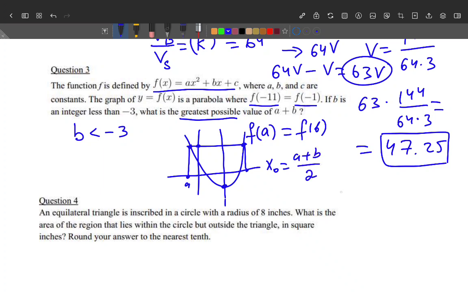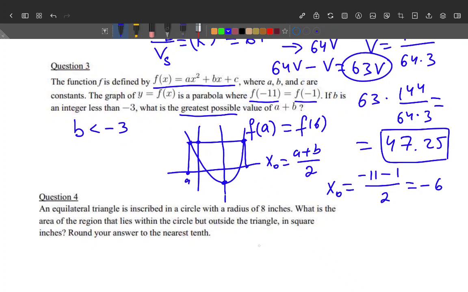In our situation also like this, x0 is plus -1 divided by 2. It means -6. I know the vertex we can find from -b divided by 2a is -6.